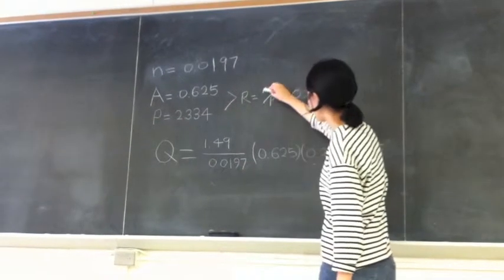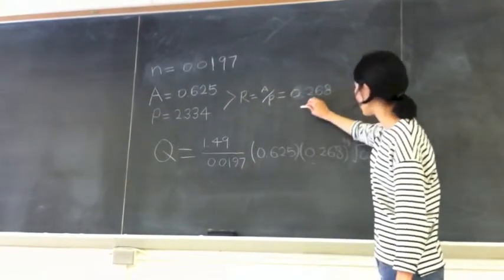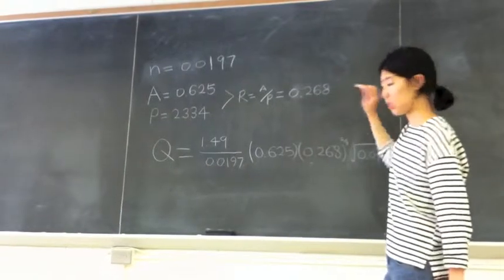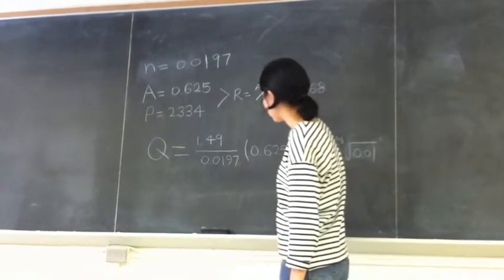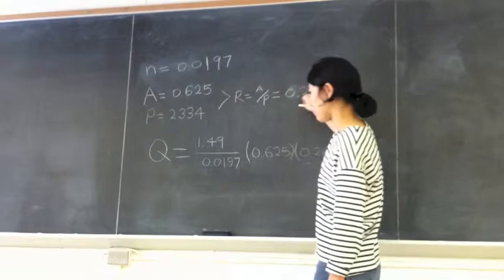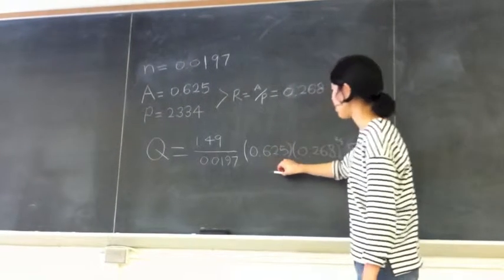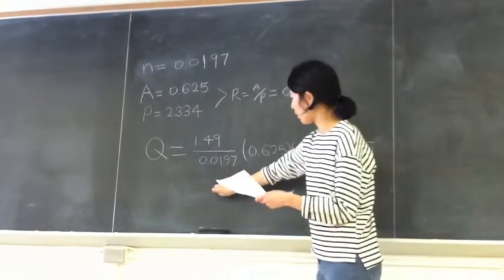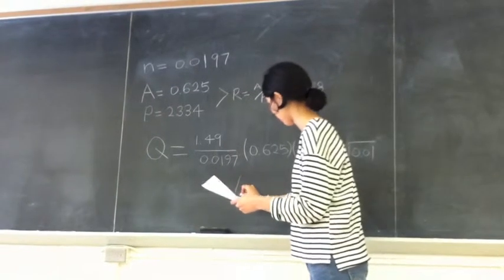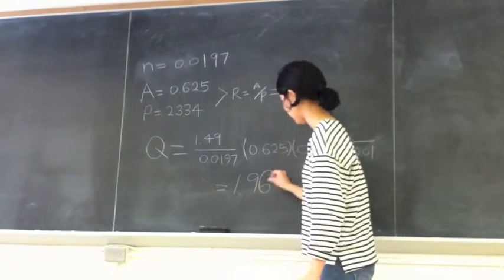So A over P will be 0.268. And plugging in this value in this Manning's equation, we can get 1.96.